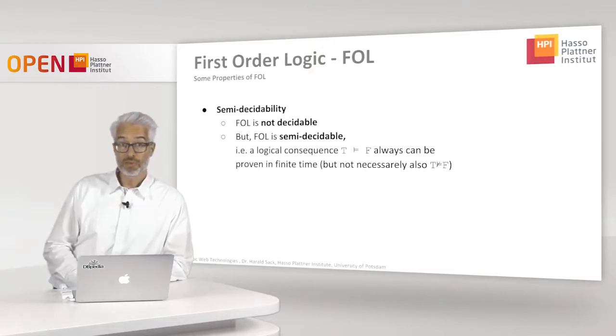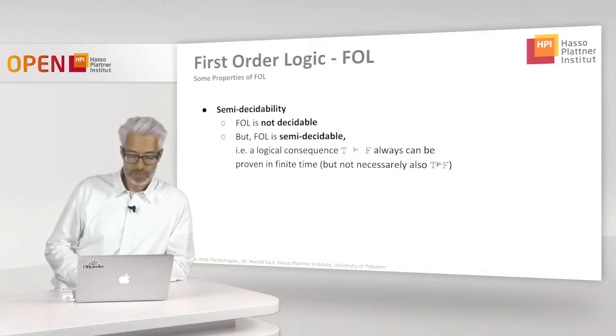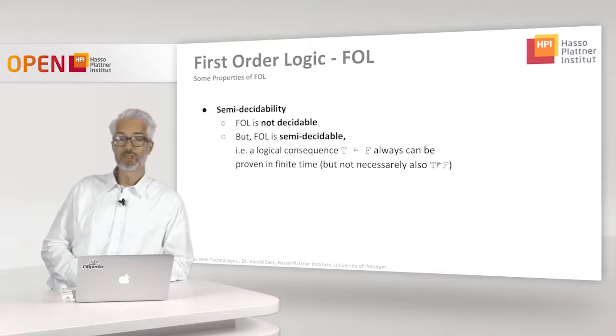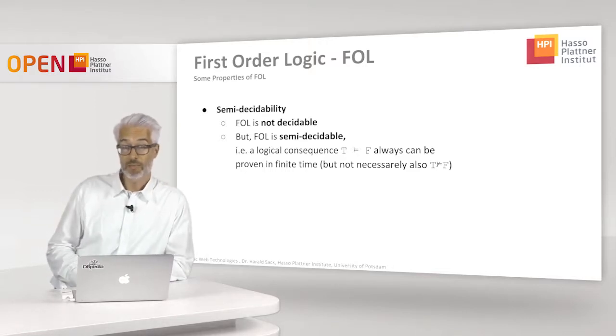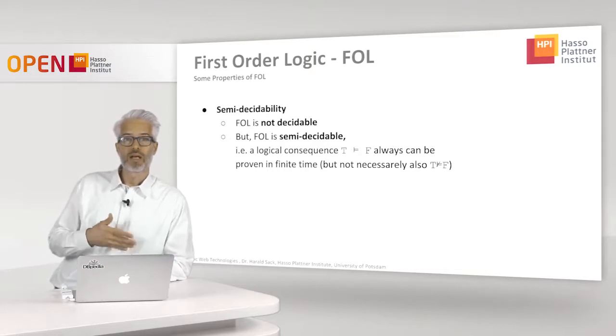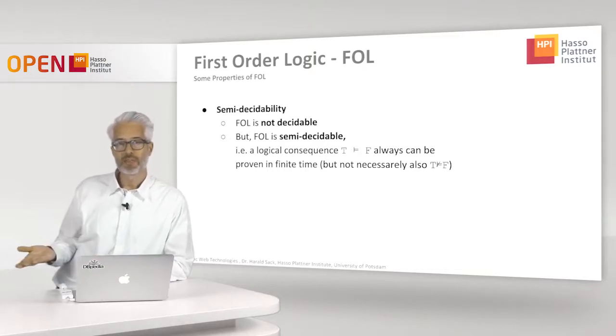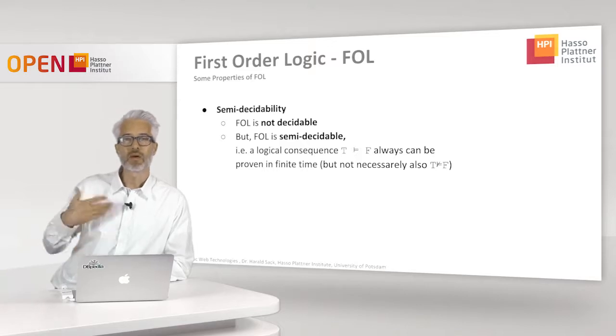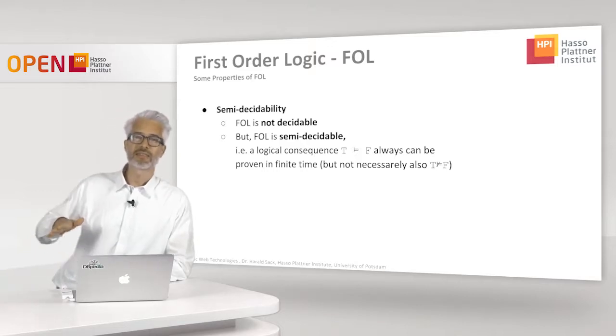But the most important property here is that first-order logic is so-called semi-decidable. So what does that mean? First of all, first-order logic is not decidable. There does not exist an algorithm which always stops to prove whether F can be entailed from T or F cannot be entailed from T. So it's not decidable, but on the other hand, it's semi-decidable, which means, for example, if we have a logical consequence, so F can be entailed by T, this can always be proven in a finite time, but not necessarily its opposite.